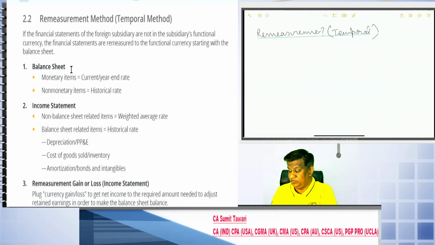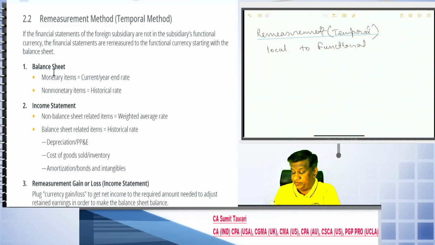So you need to know that we need to do the remeasurement. So how can we convert? Remeasurement is used when we go from local to functional, and functional to reporting we need to do the translation. So that is a separate part. So how can we remeasure?